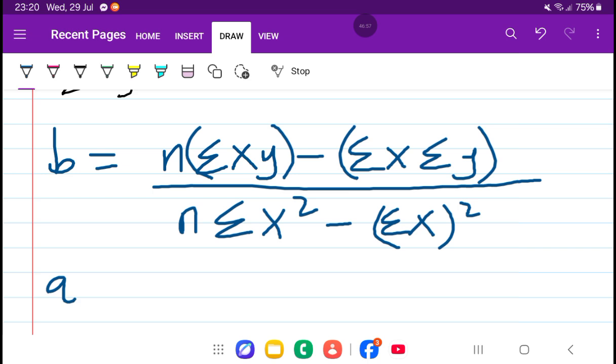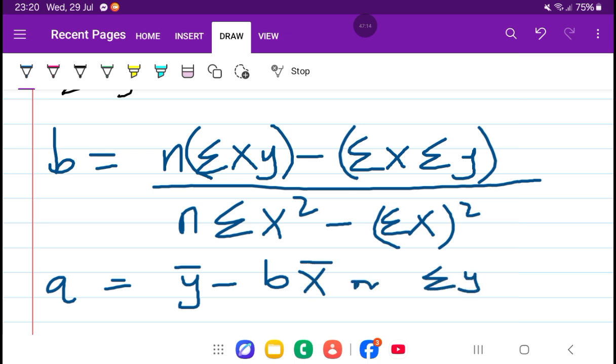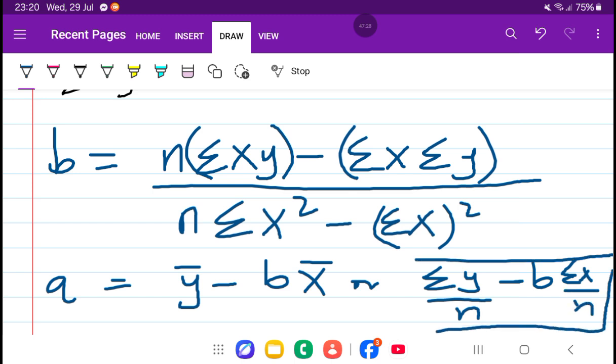And A is equivalent to y bar, that's the mean, minus b x bar, or you can say summation y over n minus b summation x over n. Whichever you choose will give you the same answers.